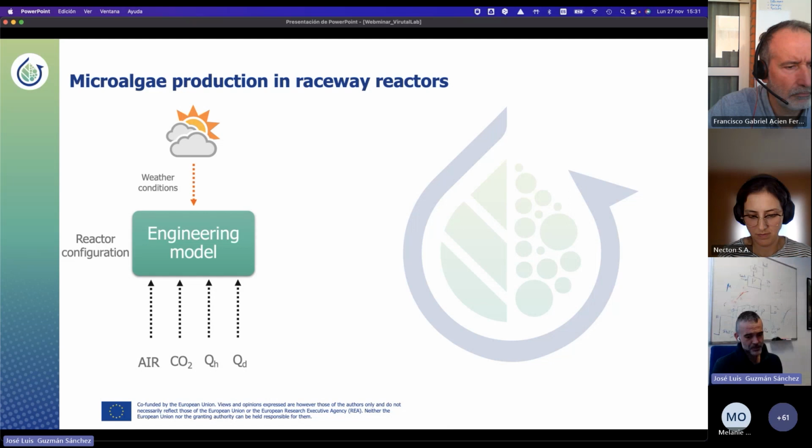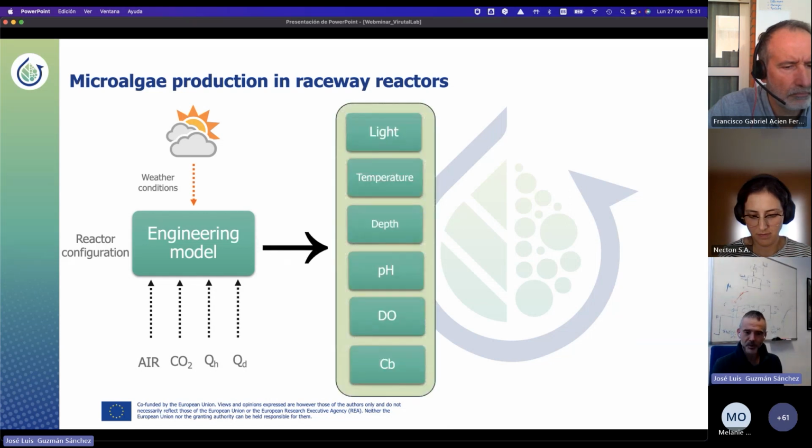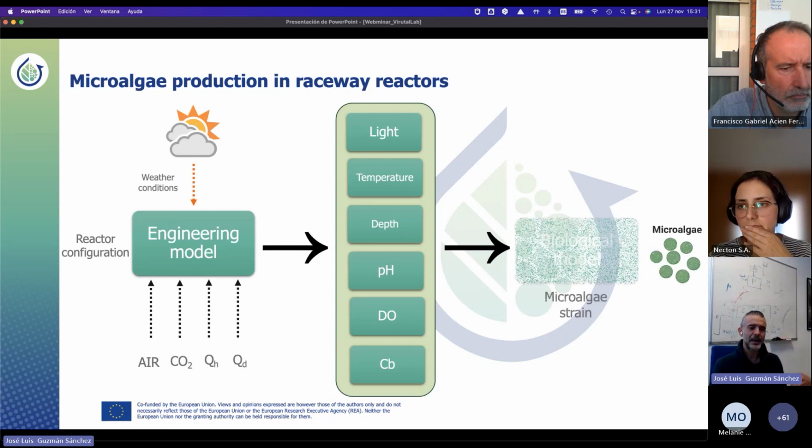As a result, we have the evolution in time of the most important variables happening in the different parts of the reactors: the light availability, temperature, depth of the medium, pH, dissolved oxygen, and so on.